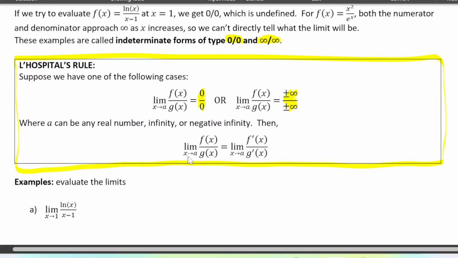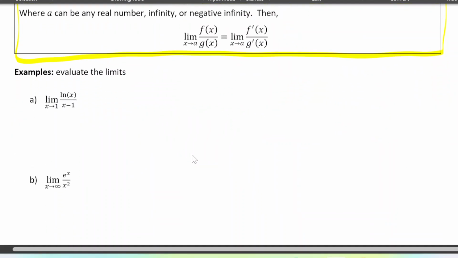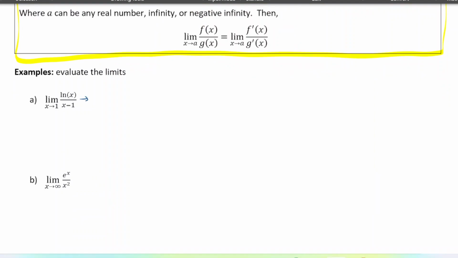So let's practice using this. This one we already know is a 0 over 0 indeterminate form. Notice I'm not writing equals 0 over 0 because nothing can actually equal 0 over 0. We're just approaching this indeterminate form of 0 over 0. So we can use L'Hopital's rule.